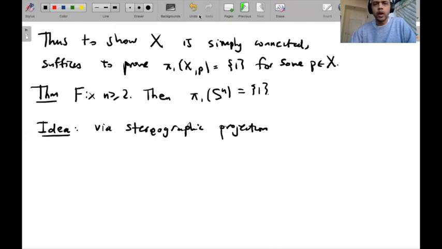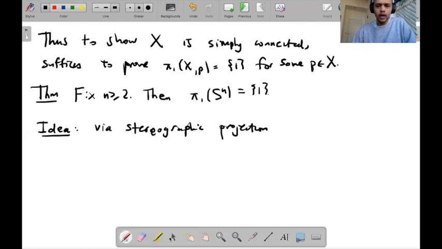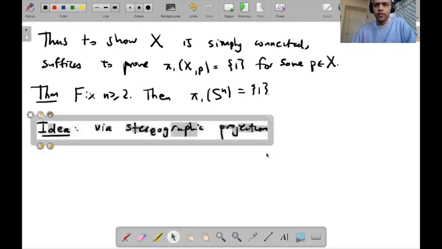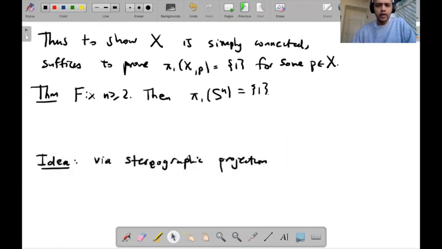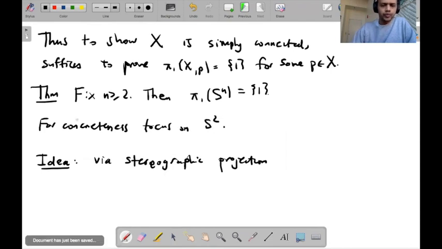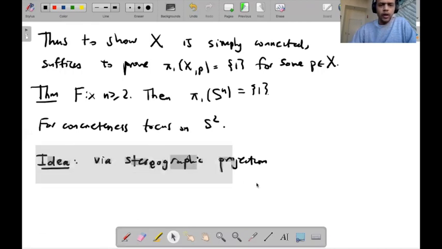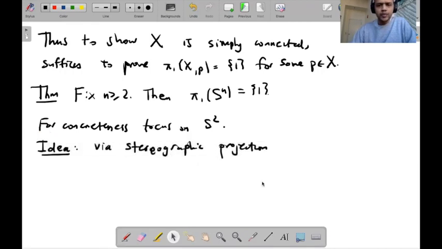Actually, maybe I will focus on S2. The proof is exactly the same in higher dimension. So for concreteness, let's focus on the two-sphere. Via stereographic projection, S2 is R2 with a single extra point.